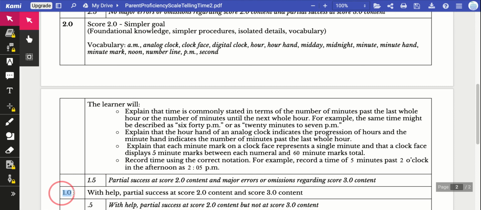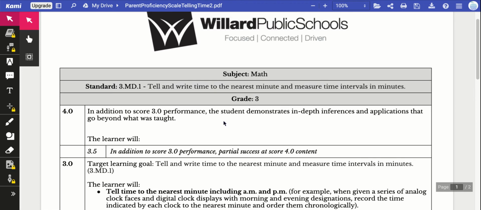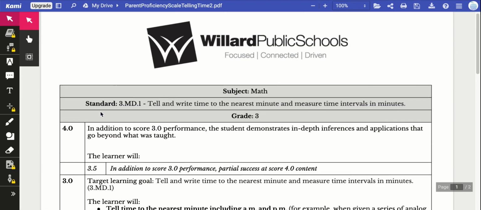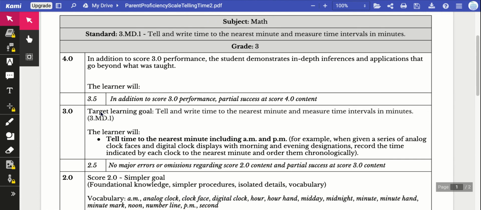They were at a 1.0, they grew a little, but they're not at a 2 yet, so you can let them have the 1.5 to show growth. A lot of schools do not use the 0.5s, but the Willard Public Schools do, and they must have seen that students needed it for motivation or so that they didn't feel defeated. So that's up to you and your district and your school to decide.